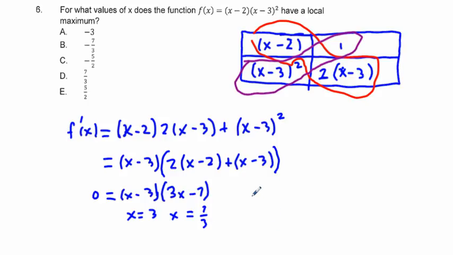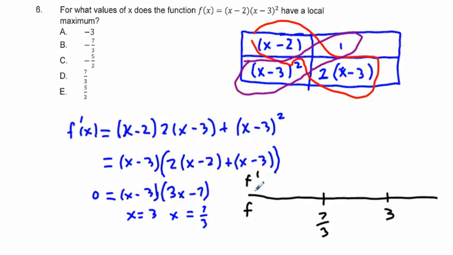If we go ahead and make a number line and put our critical numbers here of 7/3, which is 2 1/3, and 3, and we put f prime on top and f down below, and plug in numbers: if we plug in 0 for x, we get negative 3 times negative 7, which is positive, so the function is increasing up to x equals 7/3.